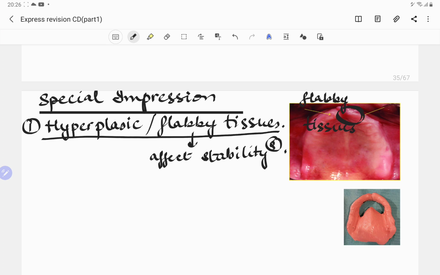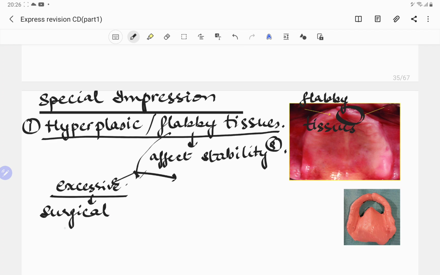And second, if there are flabby tissues, what will happen? The flabby tissues are either to be surgically removed or we can relieve them. Now, in which cases do we remove the flabby tissues, and in which cases do we manage them in the denture? If there are excessive flabby tissues, then definitely we have to go for surgical removal, right?